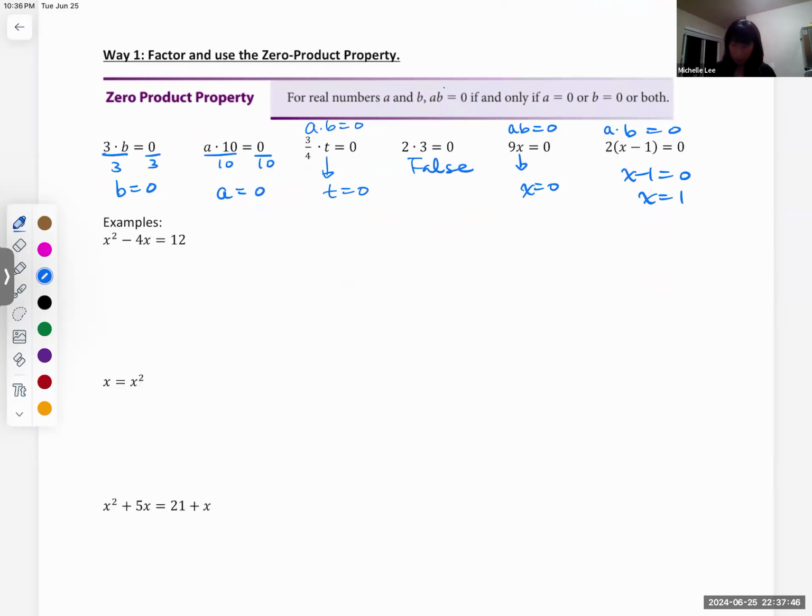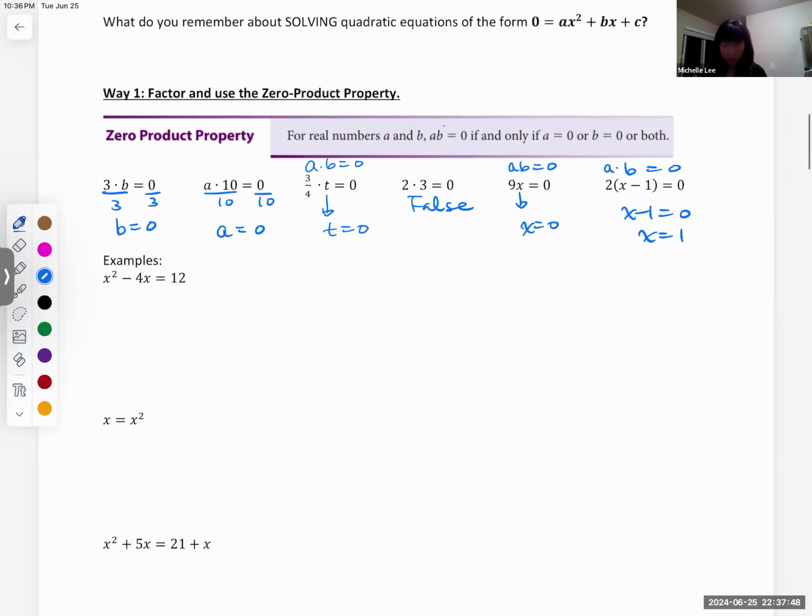Okay. Examples. So we have x squared minus 4x equals 12. We subtract 12 from both sides. Then we have x squared minus 4x minus 12 equals 0. Now let's find out how we can factor. That is the easiest one, right?